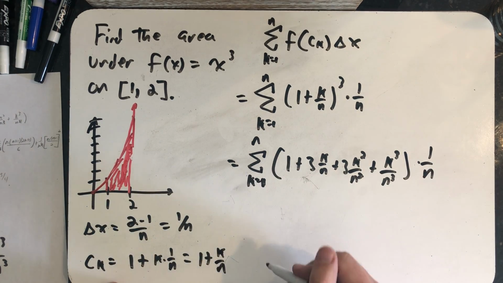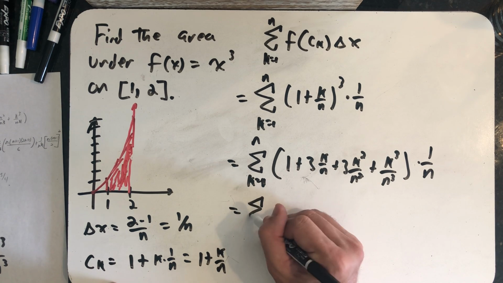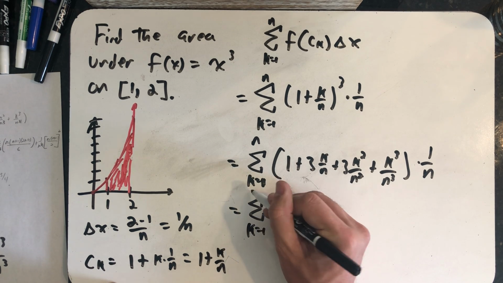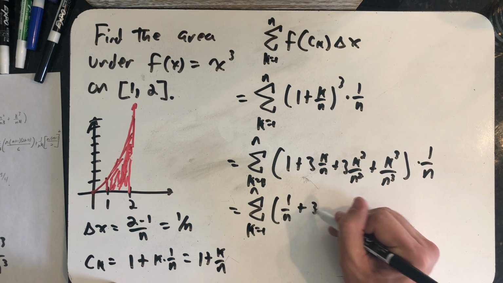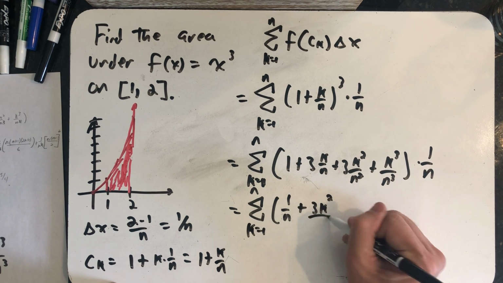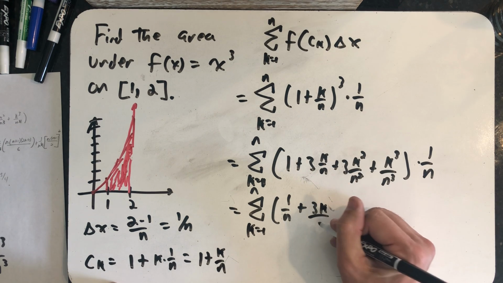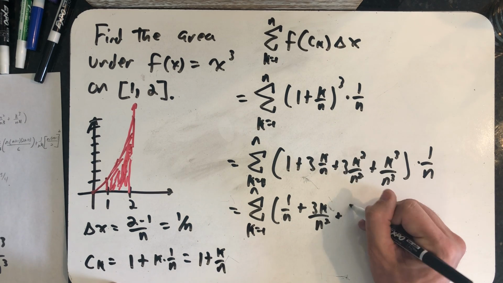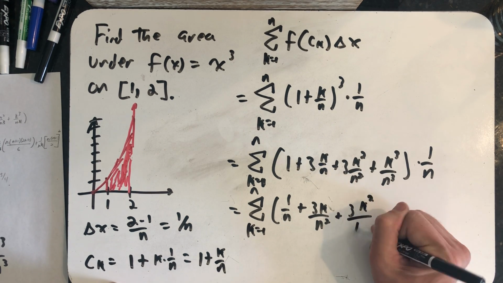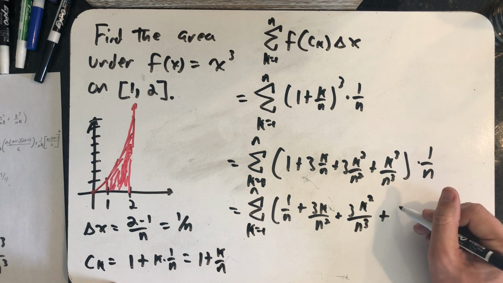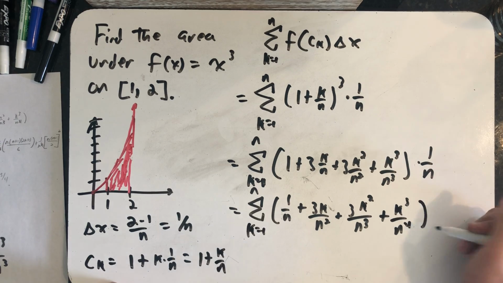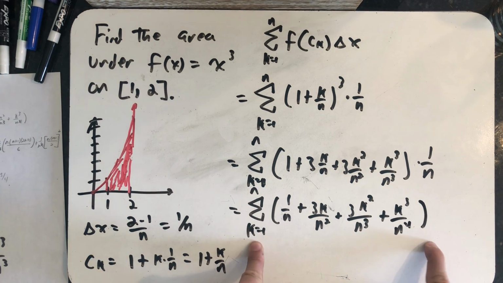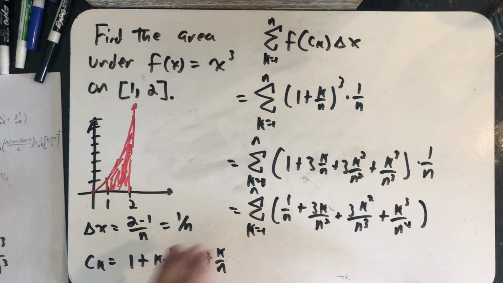Now I need to distribute that through. So then I have 1 over n plus 3k over n squared plus 3k squared over n cubed plus k cubed over n to the 4th. And now I need to rewrite this as the sum of 1, 2, 3, 4 different sums.